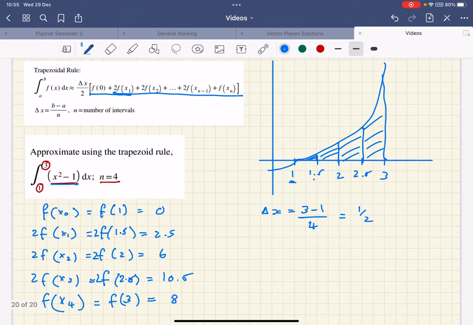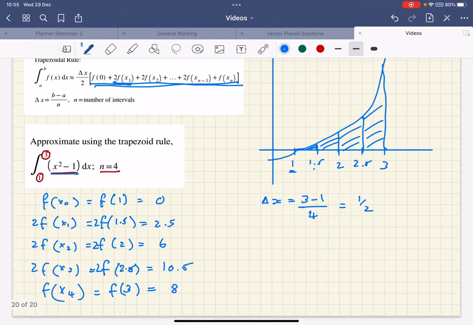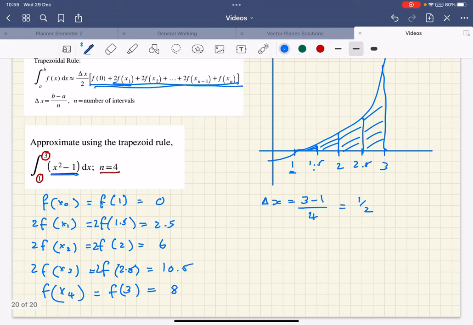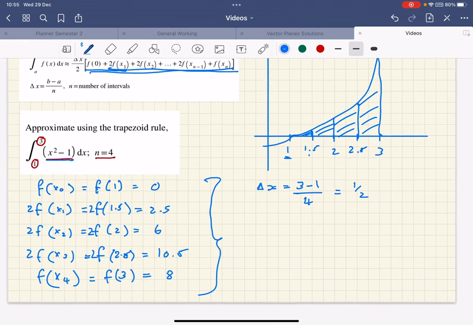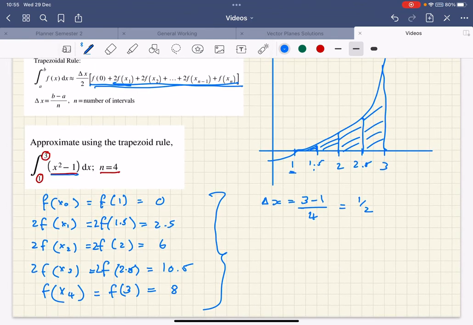I've got to add all of these together, and then I've got to times it by delta x divided by 2. So all of this is going to come out as delta x, which is a half, divided by 2, which gives a quarter.